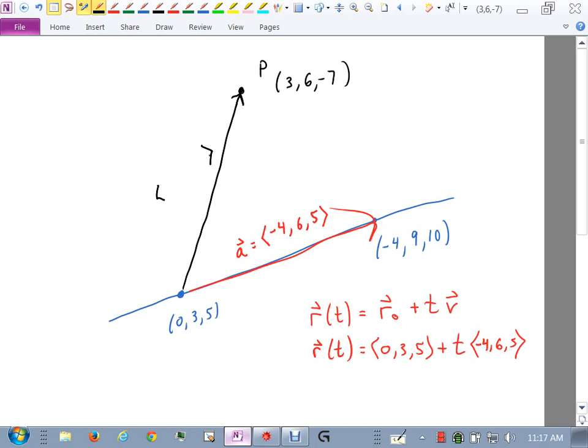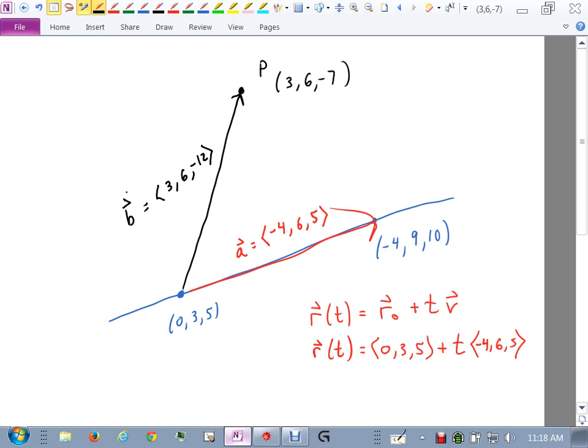So 3 take away 0, we get 3, 6, and then what? -12. So we'll call this B.